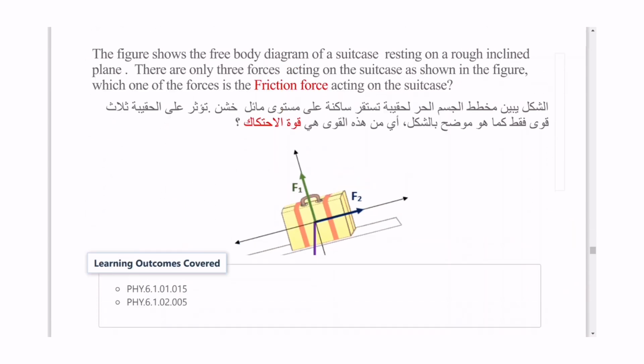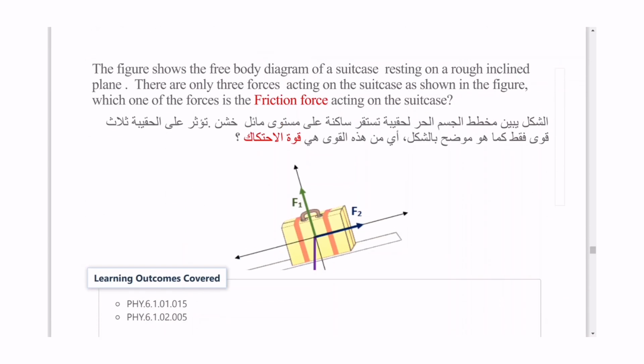Question number 19. The figure shows the free body diagram of a suitcase resting on a rough inclined plane. There are only three forces acting on the suitcase as shown in the figure. Which of the forces is the friction force acting on the suitcase?